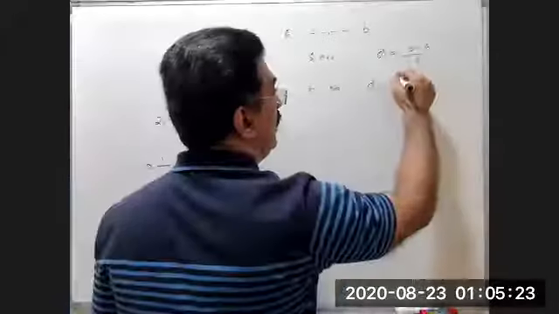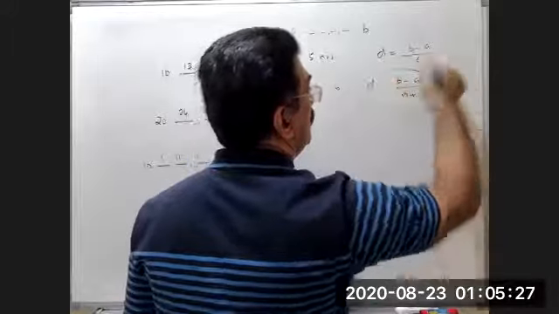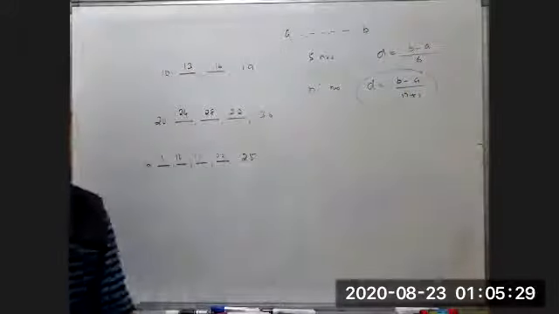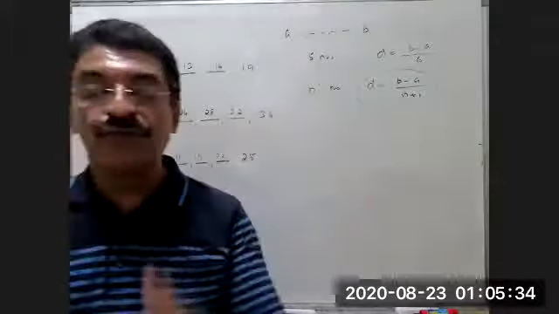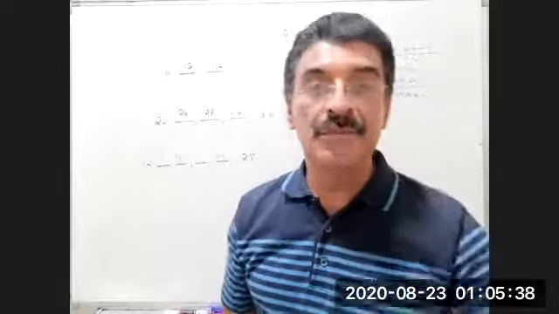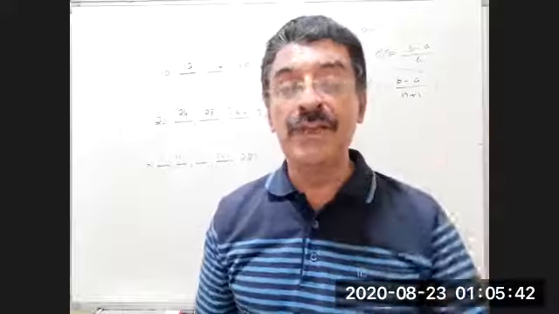We will divide B minus A by n plus 1. That is d. So once we find d, we can insert as many numbers as we want. These numbers are called arithmetic means in between.